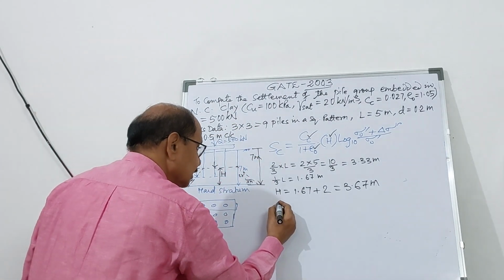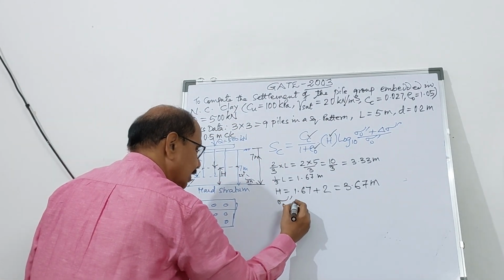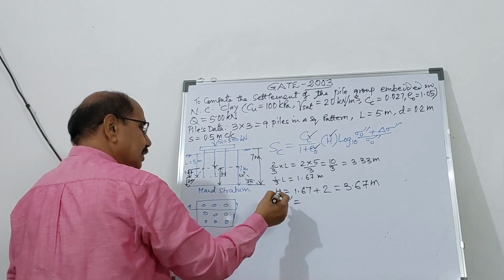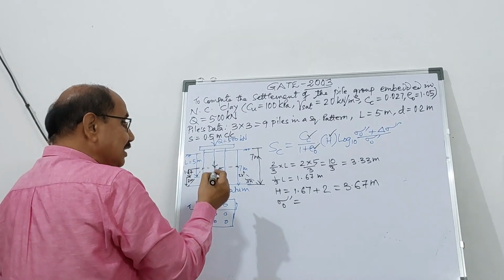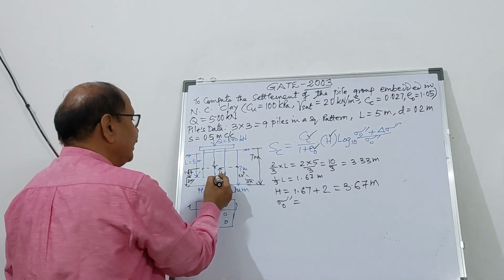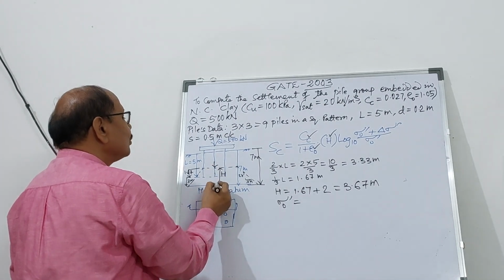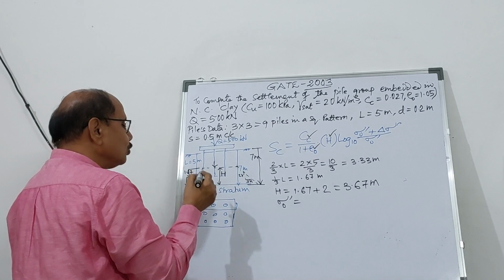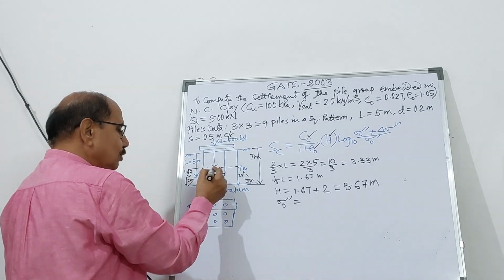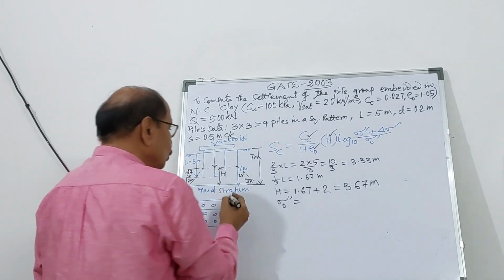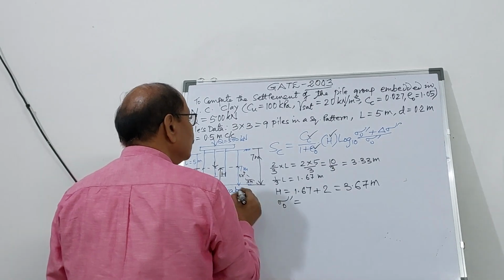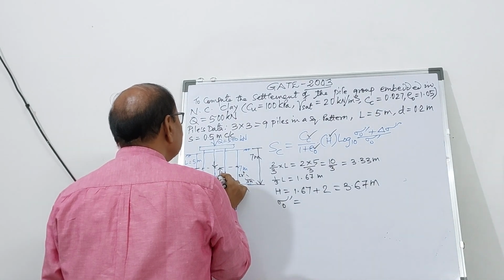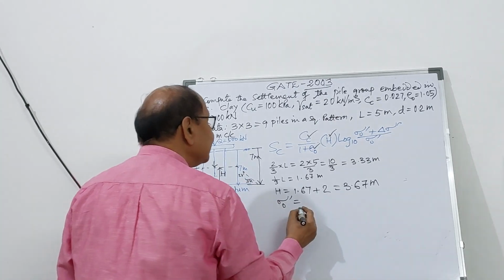Now, the sigma naught prime. What is sigma naught prime? It is the effective overburden pressure at the midpoint of the layer which is going to be compressed. So at H by 2, you calculate the mean value. So the mean value will be at the midpoint.